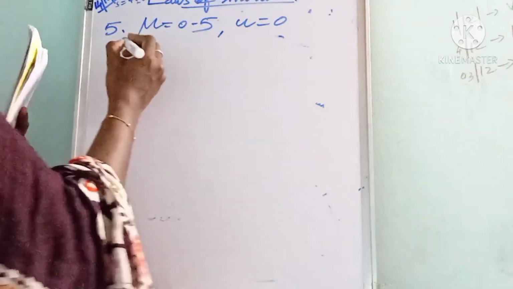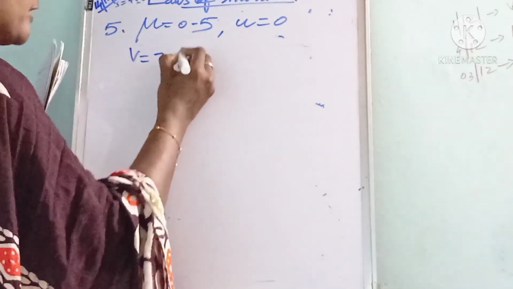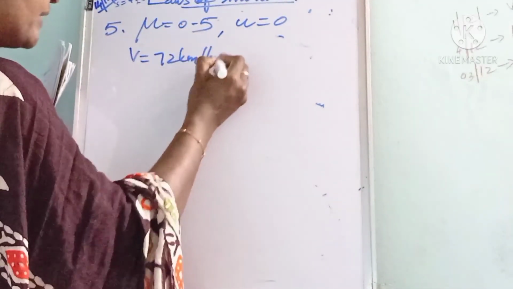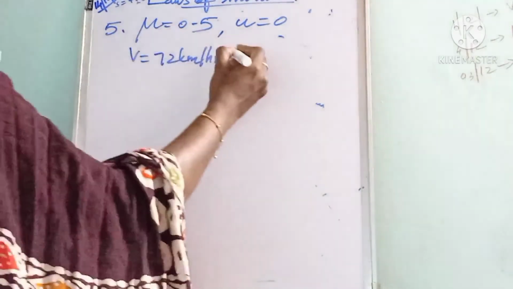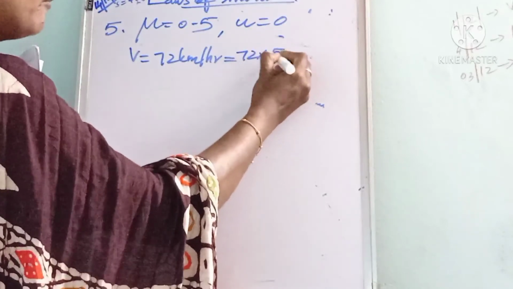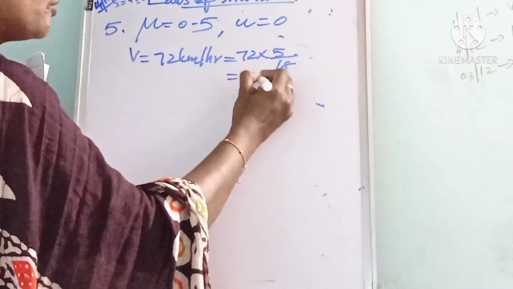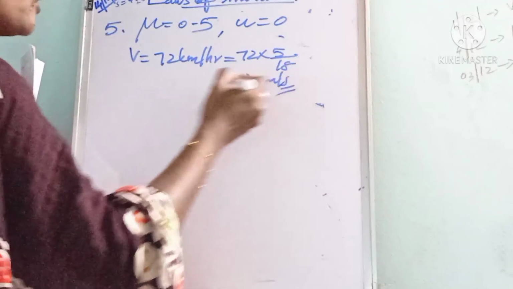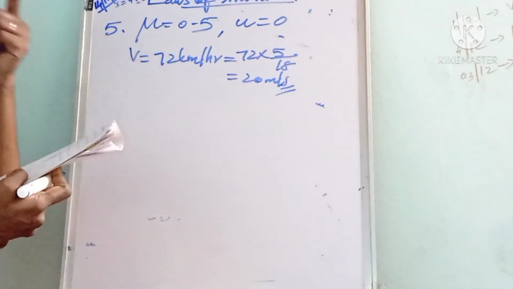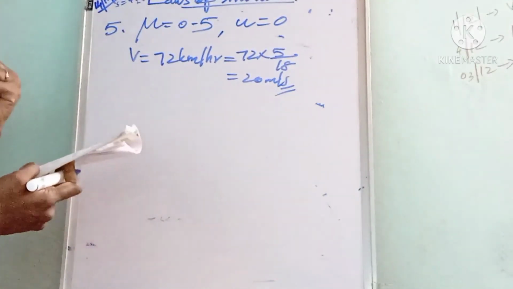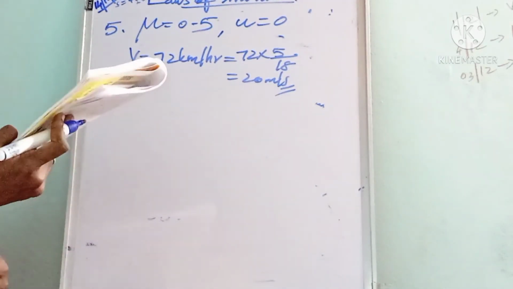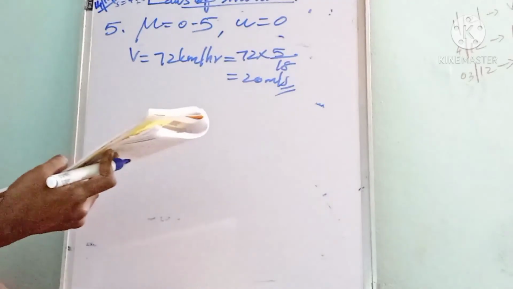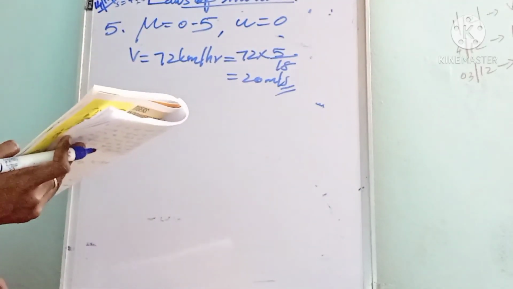The final velocity v is given as 72 km per hour. We have to convert this kilometer per hour into meter per second, for that we multiply by 5 by 18. So we get 20 meter per second. In order to attain the velocity 20 meter per second, how much distance does this car have to travel? That is what we have to find.